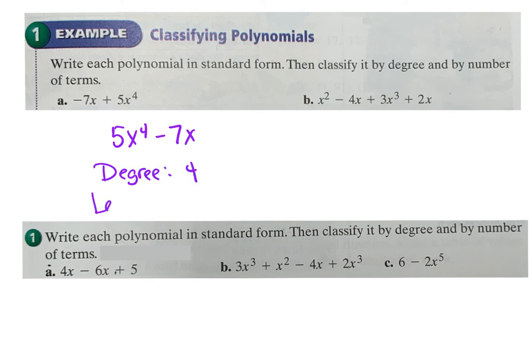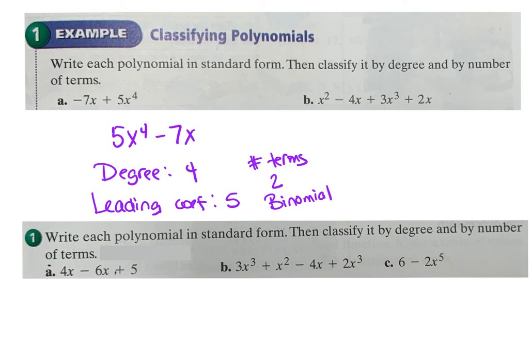The leading coefficient is going to be 5, right? Number of terms, that's going to be 2, which is a binomial. Once I put it in standard form, I can easily pull out different things. I do not have a constant. Technically, I guess it would be 0, but I don't have a constant here. It's just a 2-term polynomial, which is called a binomial.